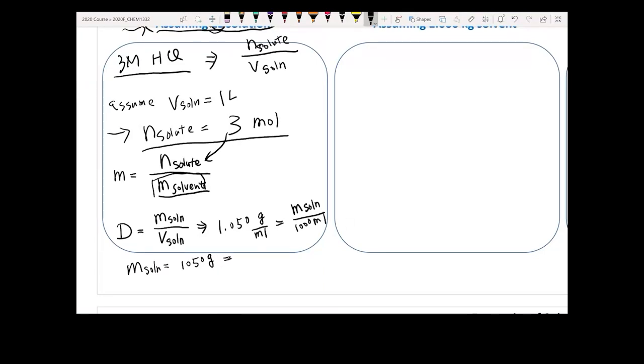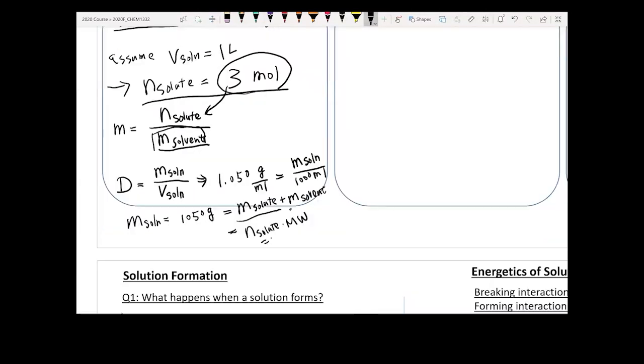The mass of your solution equals the mass of your solute plus the mass of your solvent. Since you have 3 moles of solute, the mass of solute is the number of moles of your solute times the molecular weight, which equals 109.38 gram.